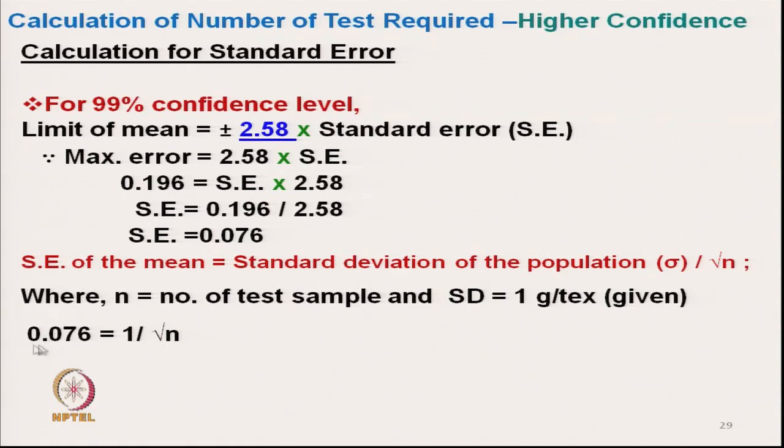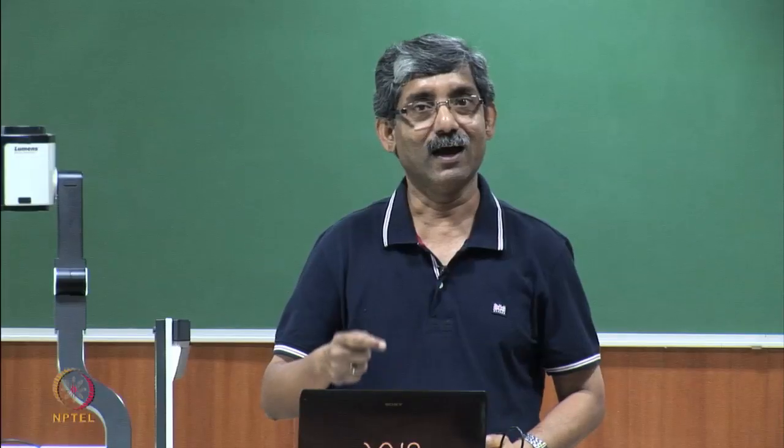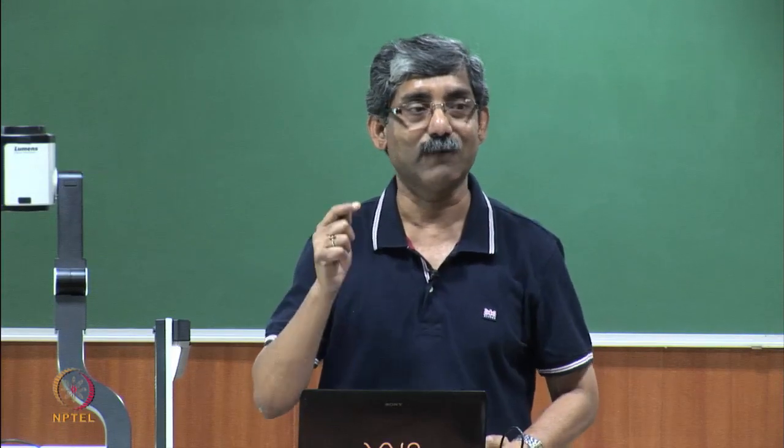So, standard error 0.076 equals 1 divided by the square root of n, where this 1 is the standard deviation. From there we can calculate the square root of n equal to 13.16 and n has become 173. So, what does it mean here? Earlier, if we test based on 100 readings, then my confidence is 95%.